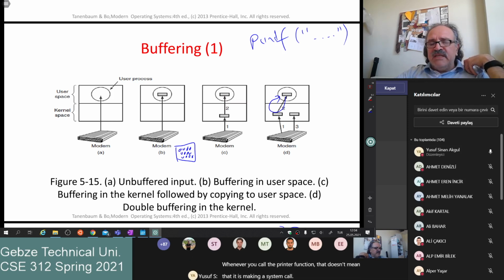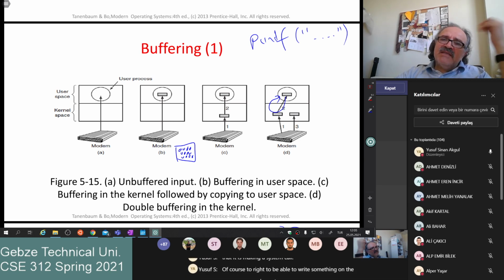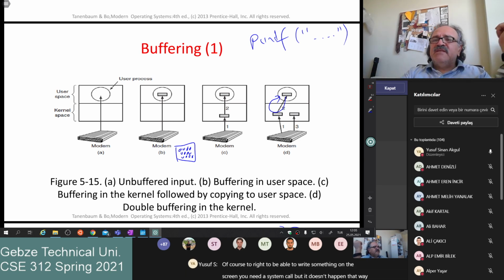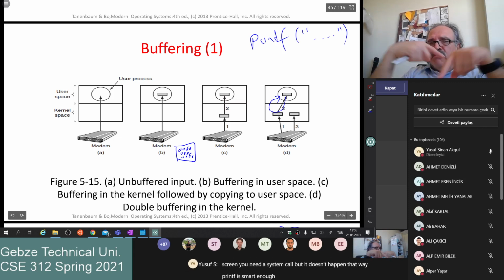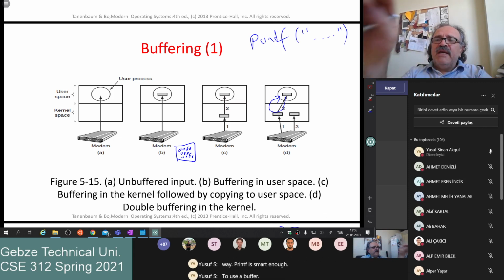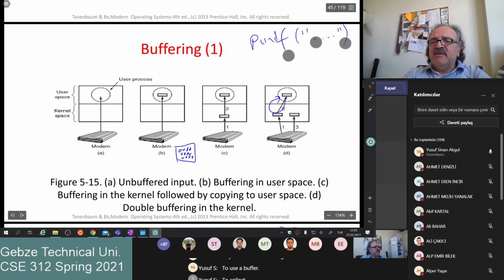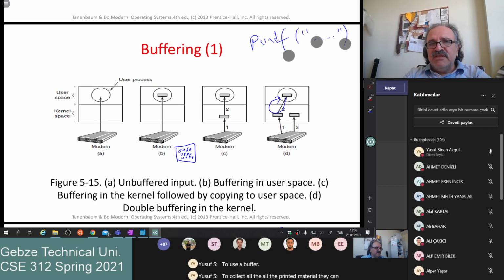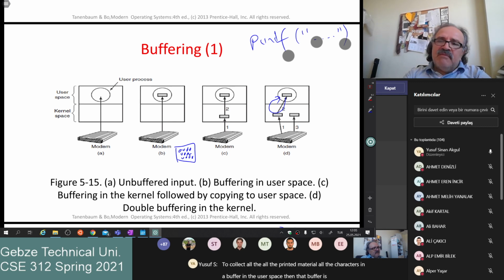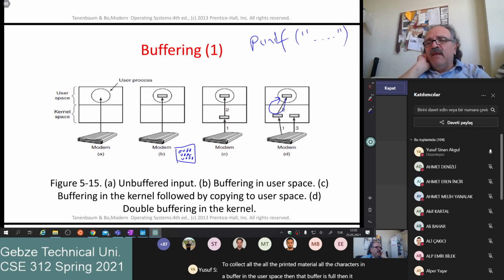Of course, to be able to write something on the screen, you need a system call, but it doesn't happen that way. Printf is smart enough to use a buffer to collect all the printed material, all the characters in a buffer in the user space. When that buffer is full, then it makes the system call. Only after the system call is made, you see your string on the screen.